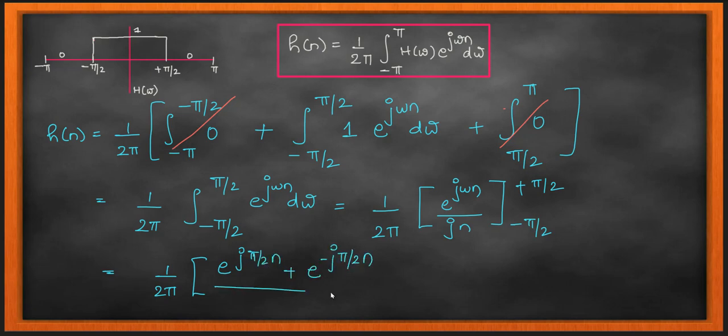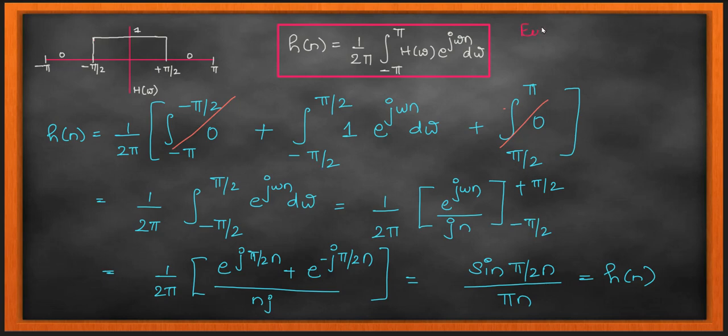We are going to use the Euler formula: e to the power of j theta minus e to the power of minus j theta, divided by 2j, is equal to sine theta. It should be minus actually, because it's upper limit minus lower limit. I don't know why I wrote plus there, so I'll correct it.